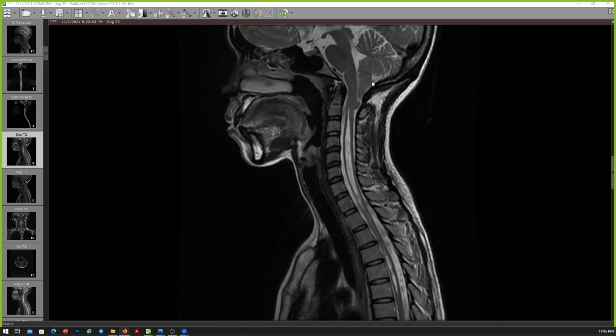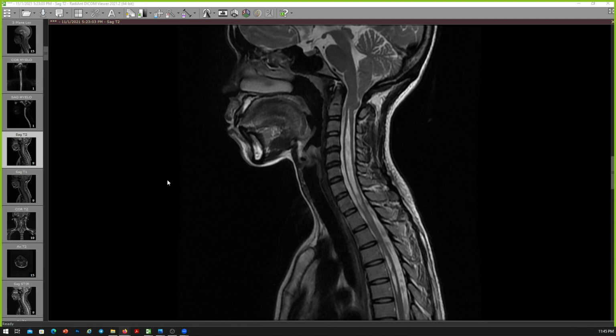There is peg-like descent of the cerebellar tonsils, crowding of the foramen magnum, and there is a long segment syrinx as well. And you are right about saying that you would look for hydrocephalus in the brain, and you also have to look at the entire spine for any associated findings. You should also look for any myelomeningocele in such cases. So well done with this case.